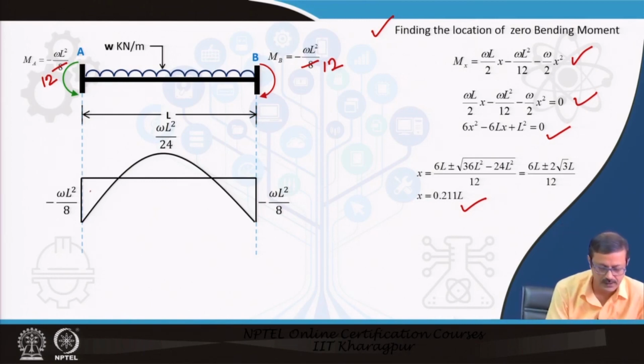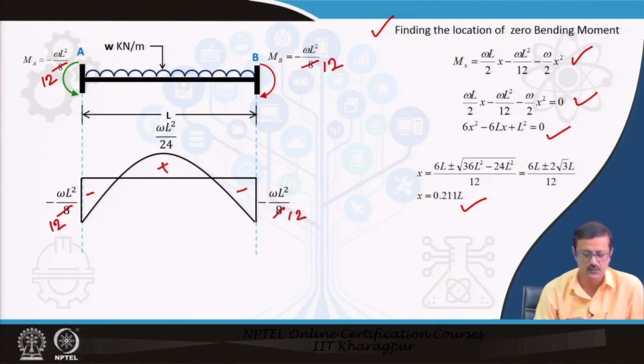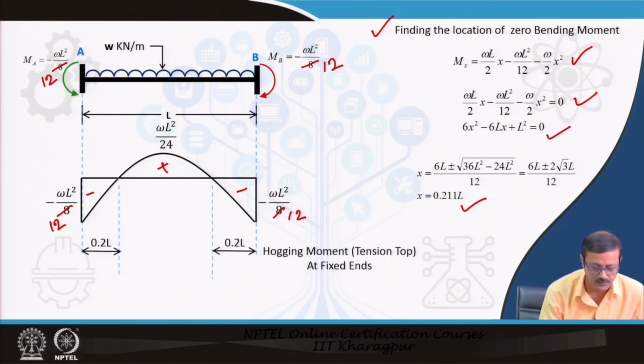So, this bending moment is negative, and this is the positive WL square by 24, and these are the points where the point of contraflexure, or the changeover, is going to happen.